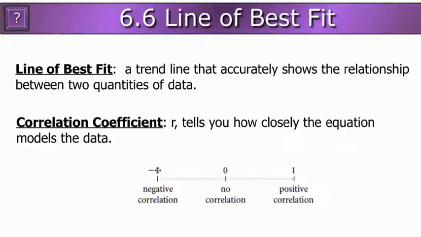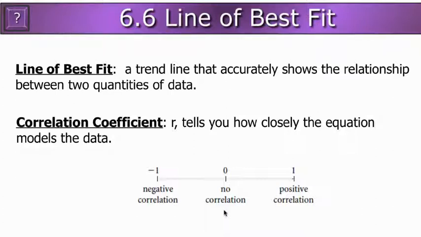The closer it is to -1 or +1, the better the line is fitting the data. If your correlation coefficient is 0, then there is no correlation whatsoever. There's no relationship between the data. You can't say that as x increases, y is increasing strongly. And we'll take a look.